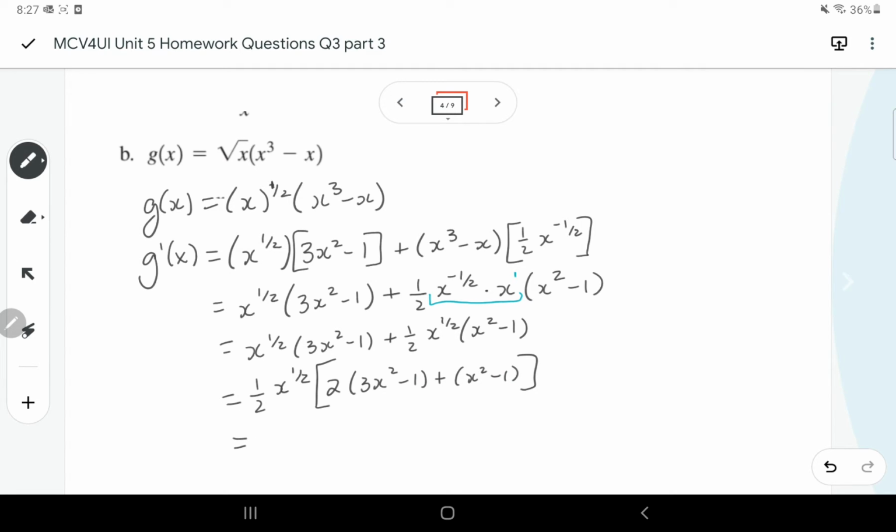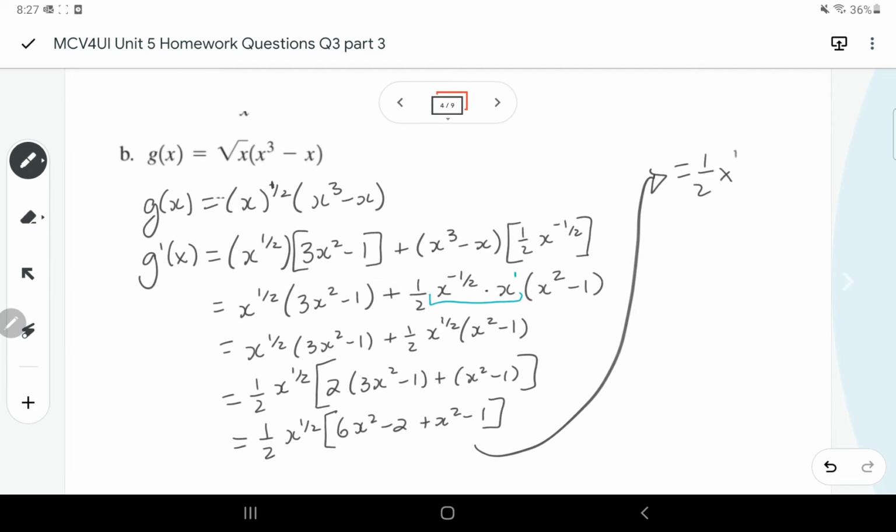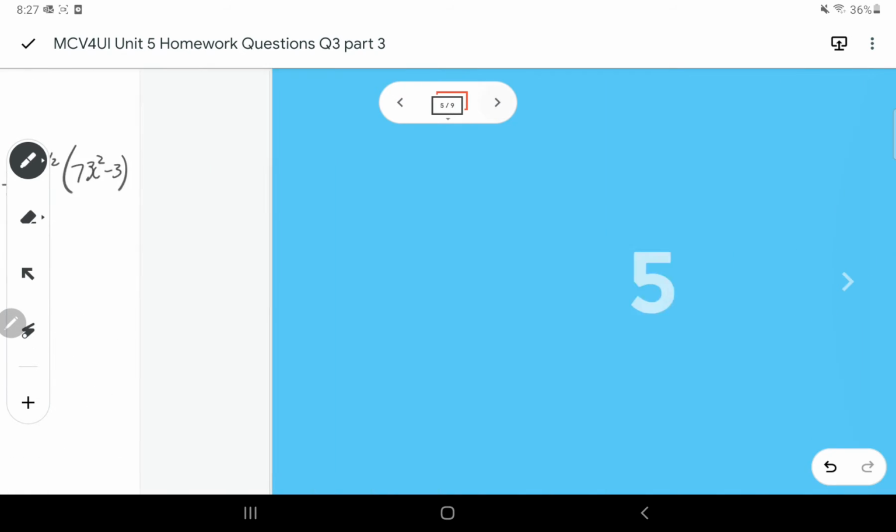And I can clean up what's in that big square bracket because I'm likely to have some like terms. So this is 6x squared minus 2 plus x squared minus 1. So 1/2 x to the 1/2. And now I get 7x squared minus 3 in the bracket. So I've gotten that to a point where it would be relatively easy to solve for the zeros of that function.